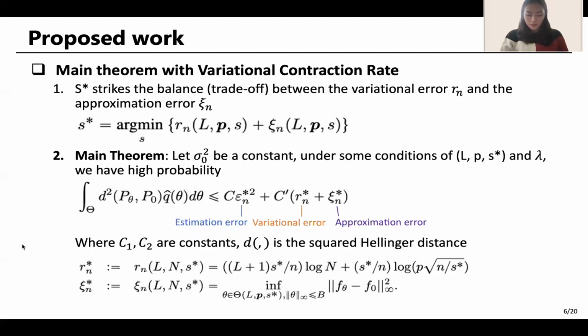The main theorem is about the contraction rate of the variational distribution. It is bounded by three error terms: estimation error, variational error, and approximation error. These three errors are all functions of S star, L, N, which are already model parameters.